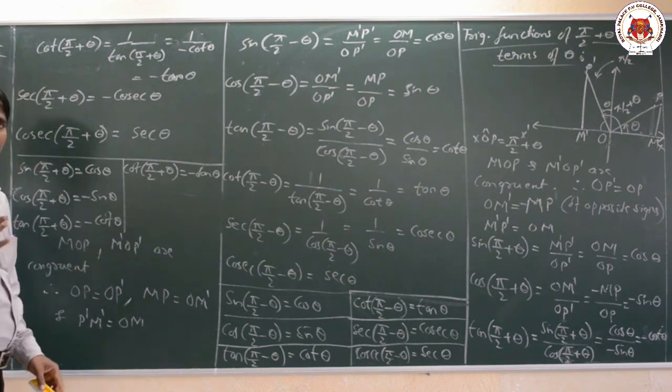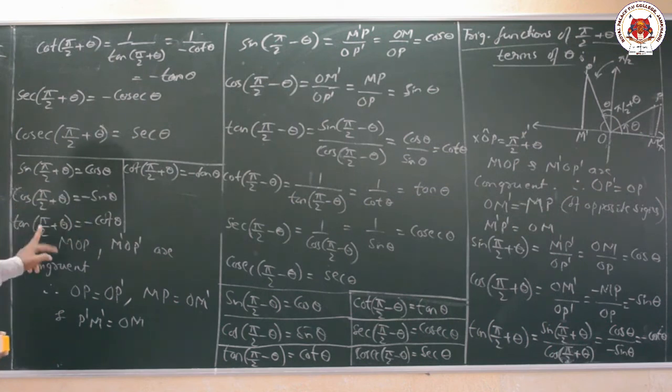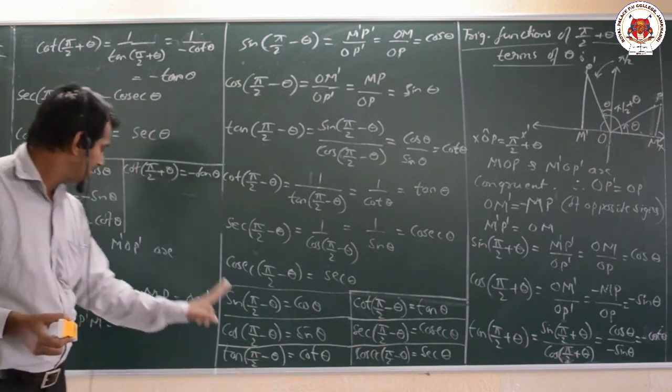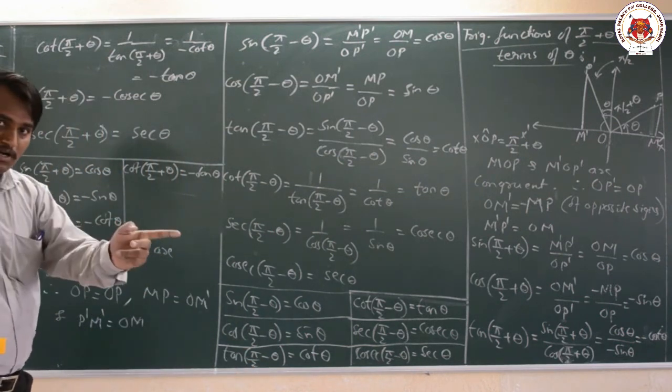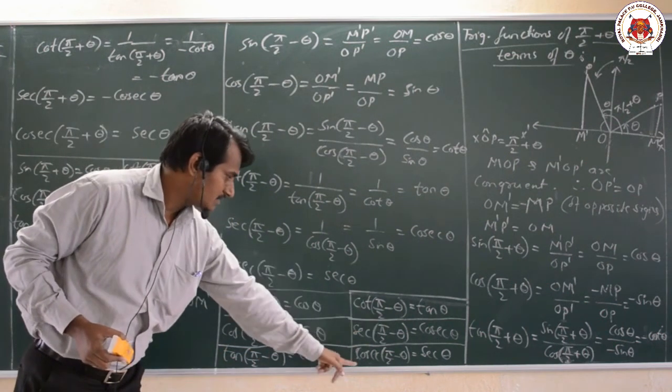We have to observe that in pi by 2 minus theta and pi by 2 plus theta, sin changes to cos, cos to sin, tan to cot, cot to tan, secant to cosecant and cosecant to secant.